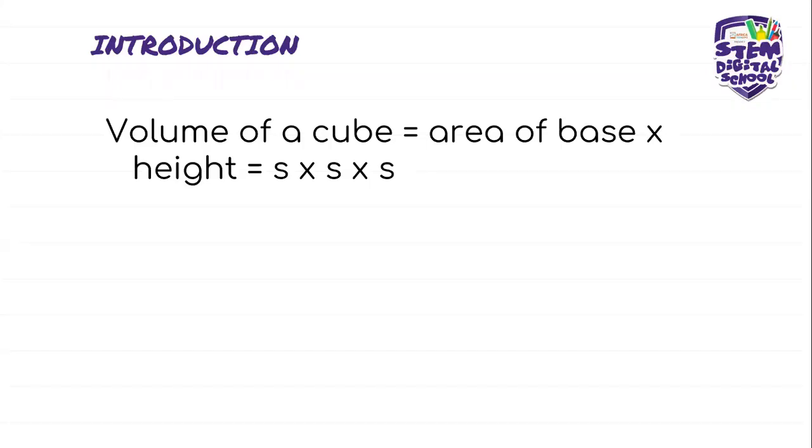So if you look at the cube, all sides are equal, therefore the length is equal to the breadth, which in turn is equal to the height as well. So they are equal, and you should be able to find ways and means to calculate using this particular formula.